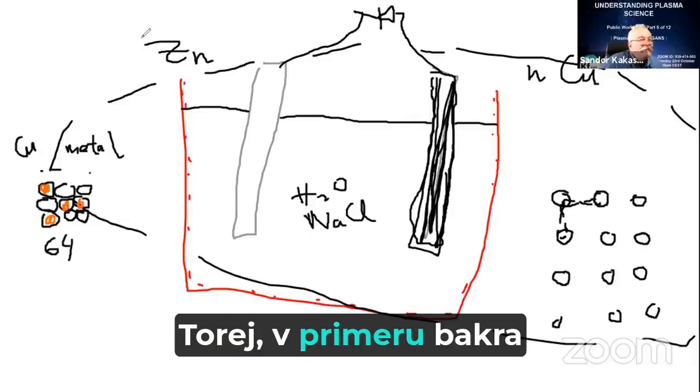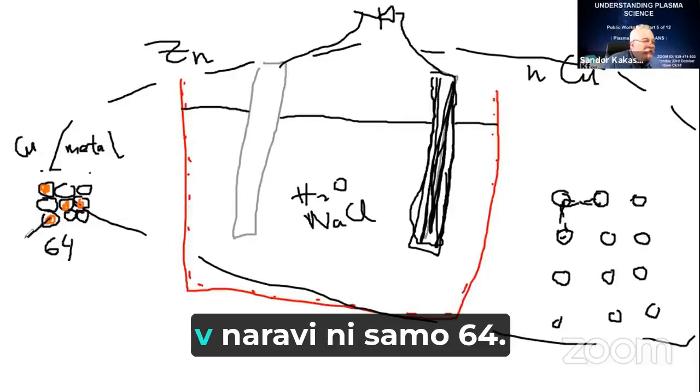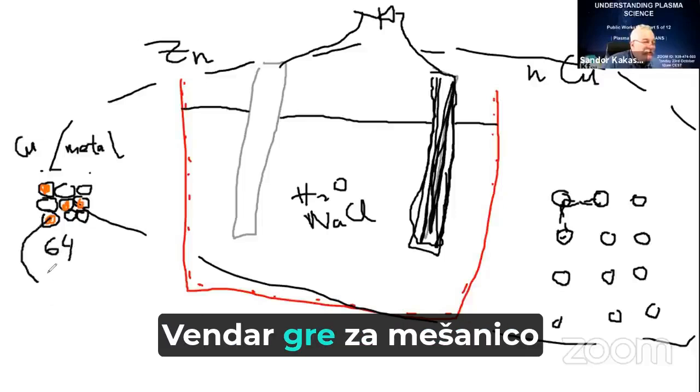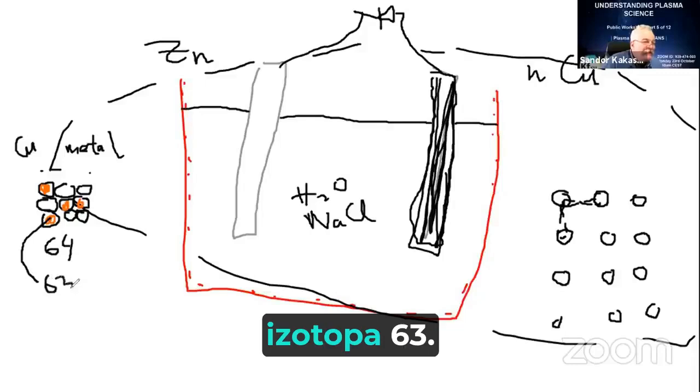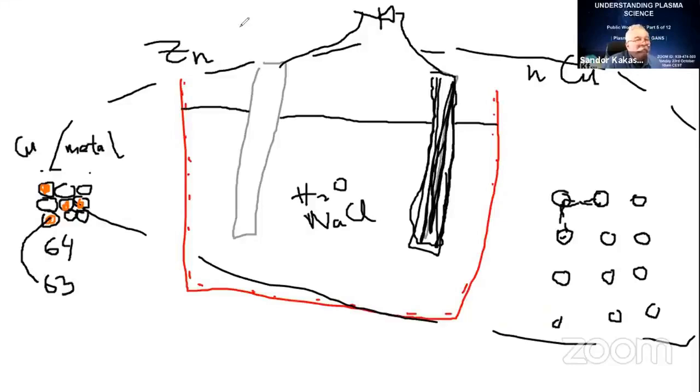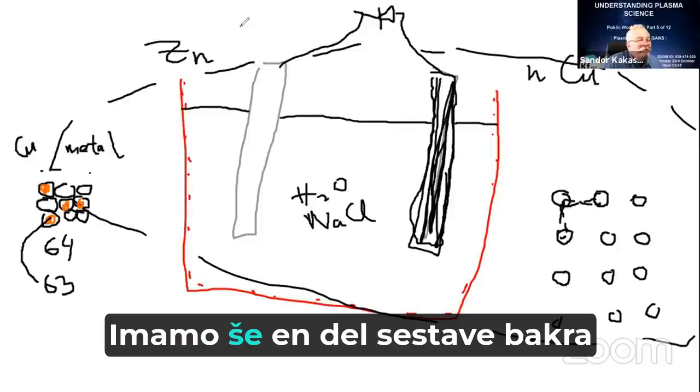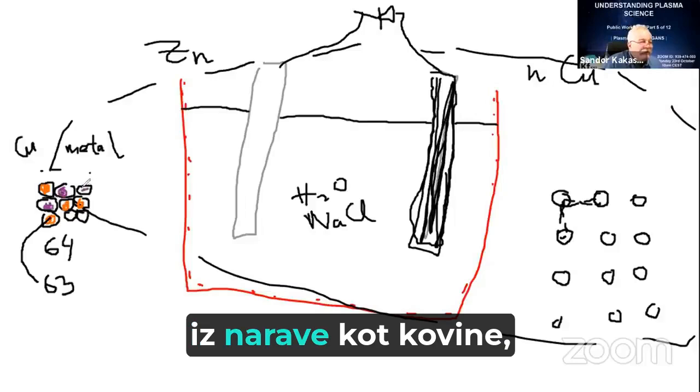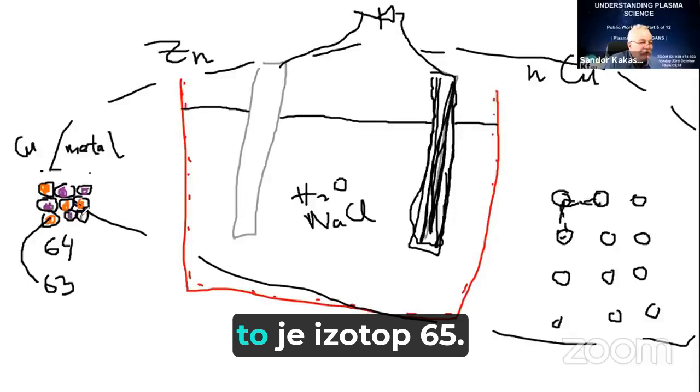So in the case of copper, in nature it is never copper 64, but a mixture of isotope 63, where the number of its protons and neutrons added together is 63. And you have another part of the composition of copper from nature as a metal, which is isotope 65.